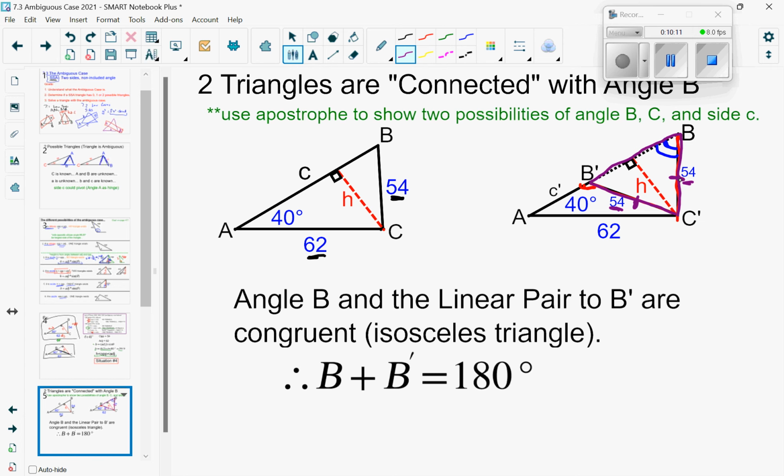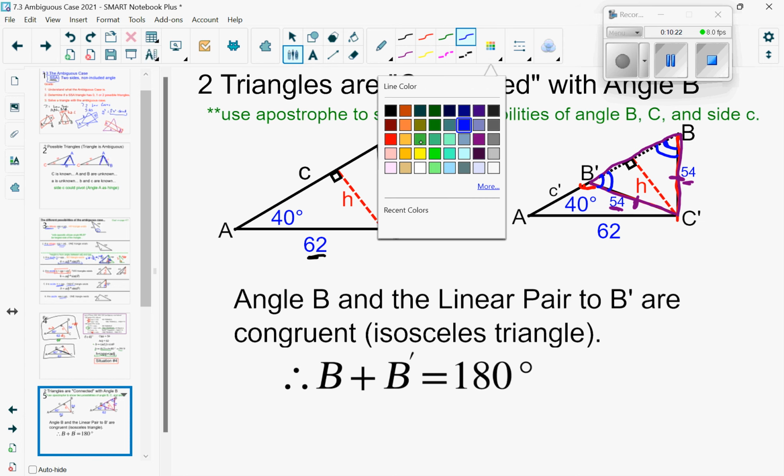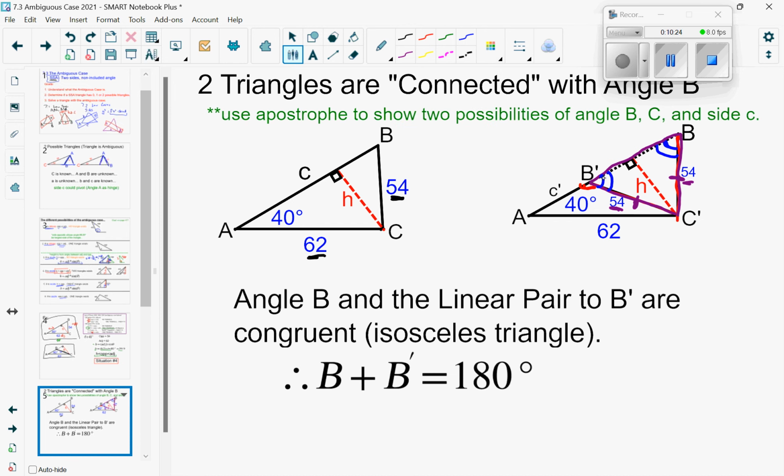This is an isosceles triangle, which means this angle right there has to be congruent to that angle with the double blue arcs. Therefore, if I'm looking at it logically, this blue angle and this red angle form a line. Therefore, B and the other B have to equal 180 degrees from that isosceles triangle relationship.